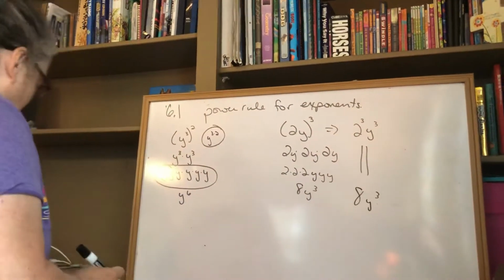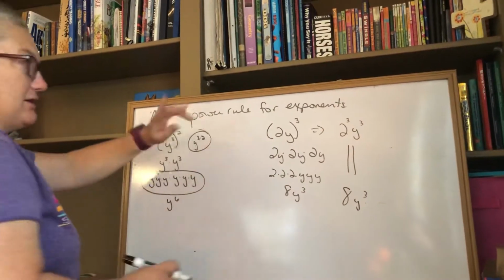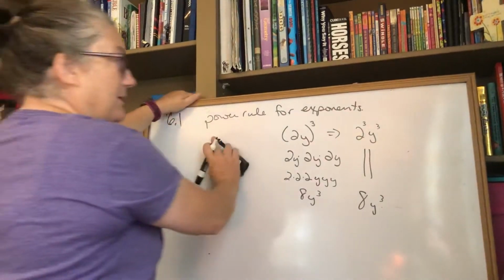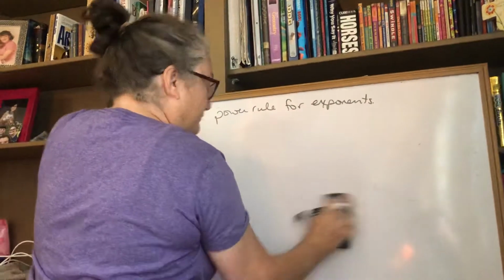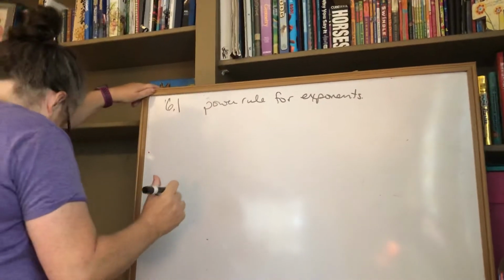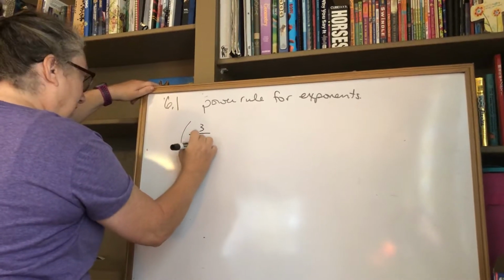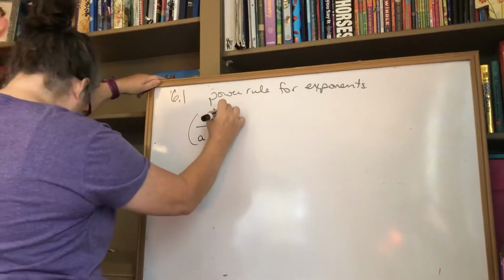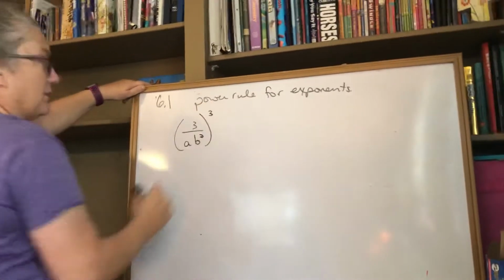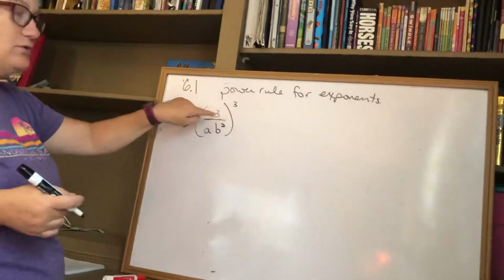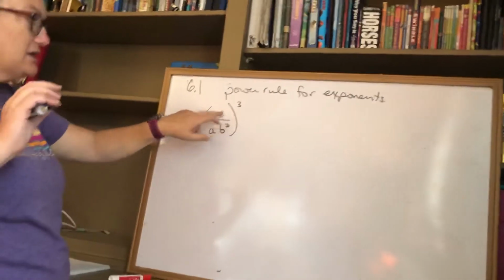Okay? Now let's do another problem without writing it out and just do the rule. The rule is when we have a power raised to a power, we multiply them. So we have 3 over ab squared. All of this is raised to the 3rd power. So before we do anything, we're going to rewrite these. We're going to distribute the power to each one of these.